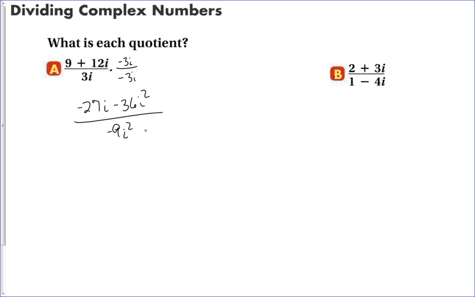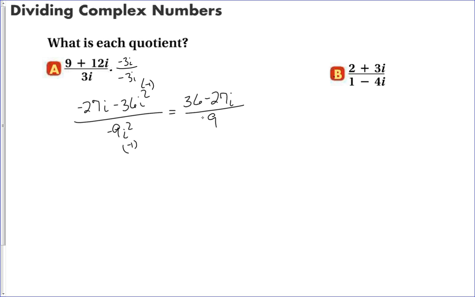So this is what we get. Well, we know this here is negative 1. Same thing down here. So negative 36 times negative 1 is positive 36. And of course, nothing happens to the negative 27i. And then negative 9 times negative 1 is 9.